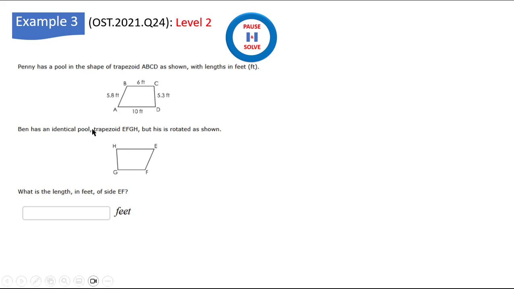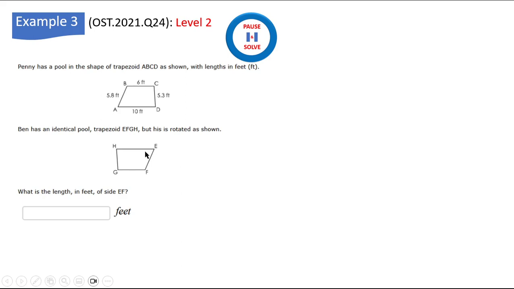Example 3. Penny has a pool in the shape of trapezoid ABCD as shown with lengths in feet. That's this one here. Ben has an identical pool, trapezoid EFGH, but it is rotated as shown. What is the length in feet of side EF?